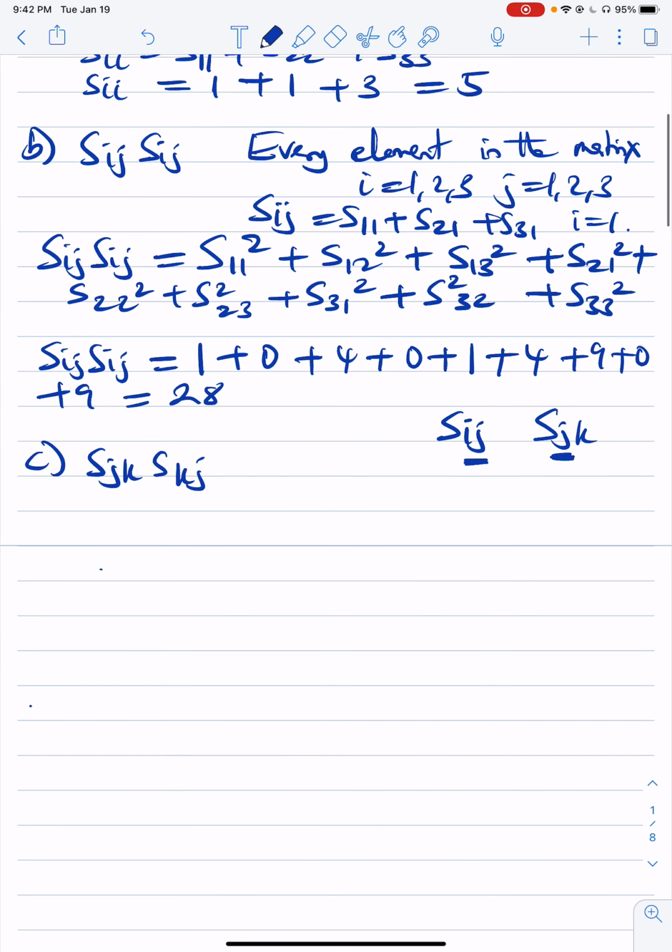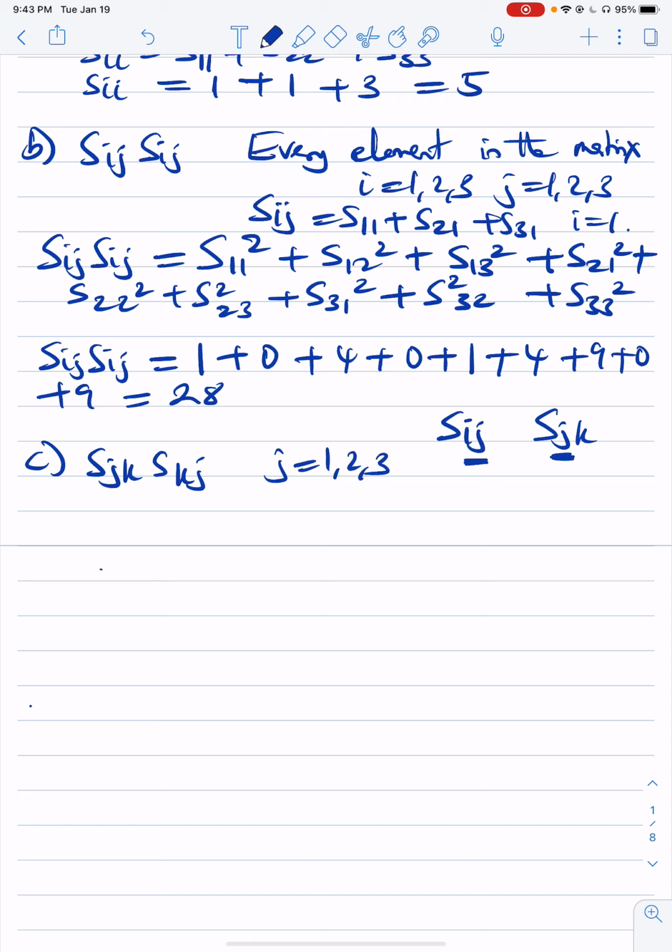But why we're given a different notation here, first of all, is to differentiate it from the earlier ones. It also shows you, if you look at Sjk and Skj, that we have a matrix and that part is inverted, turned, right?